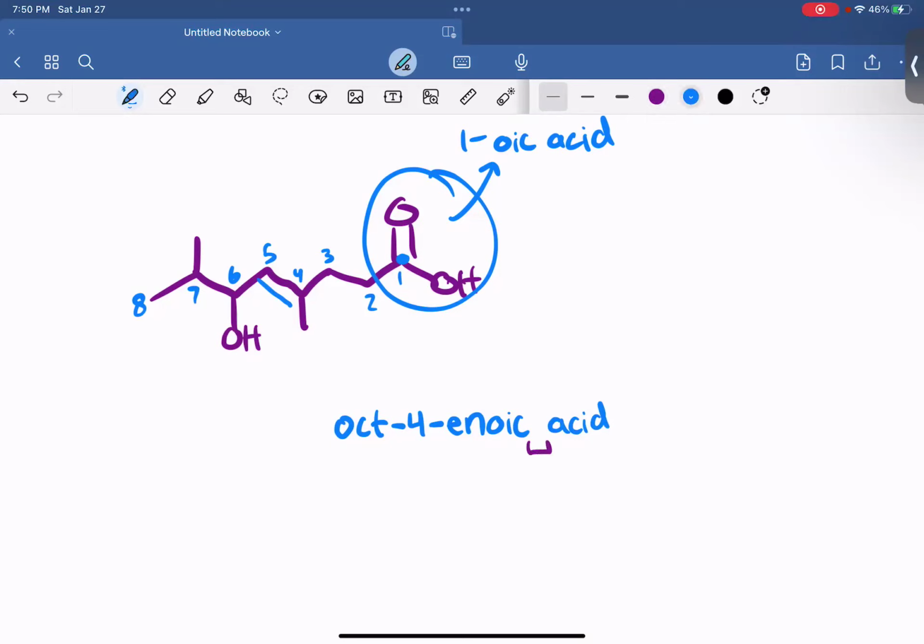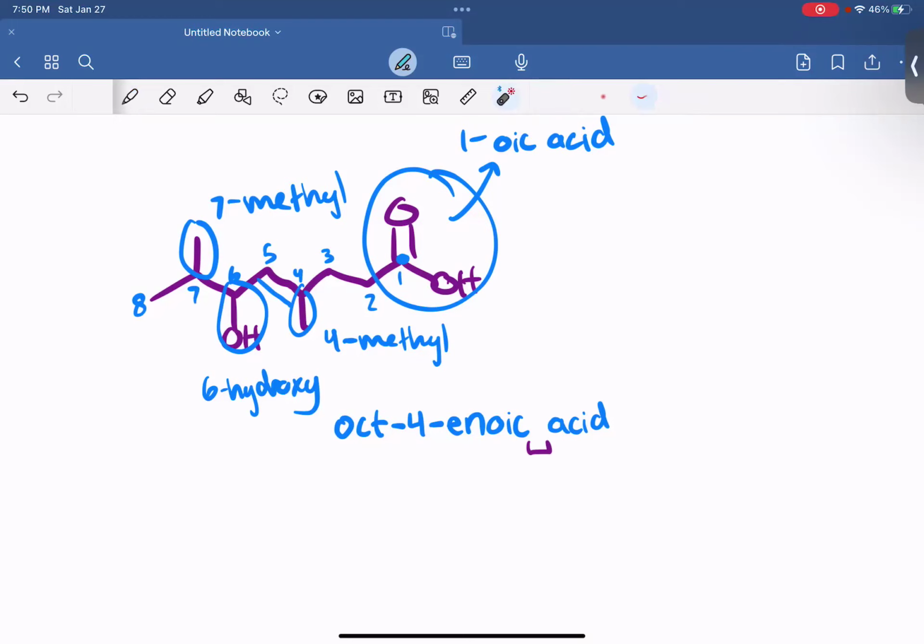Next, we got to label all the pieces coming off of it. We have a 4-hydroxy, or sorry, that's 4-methyl and 7-methyl and 6-hydroxy.